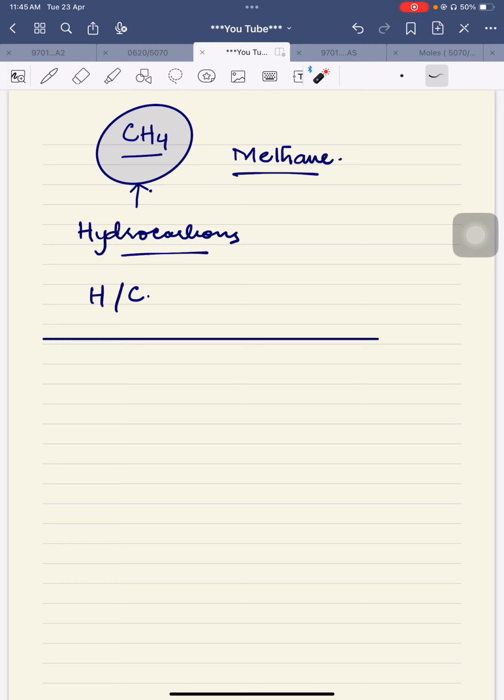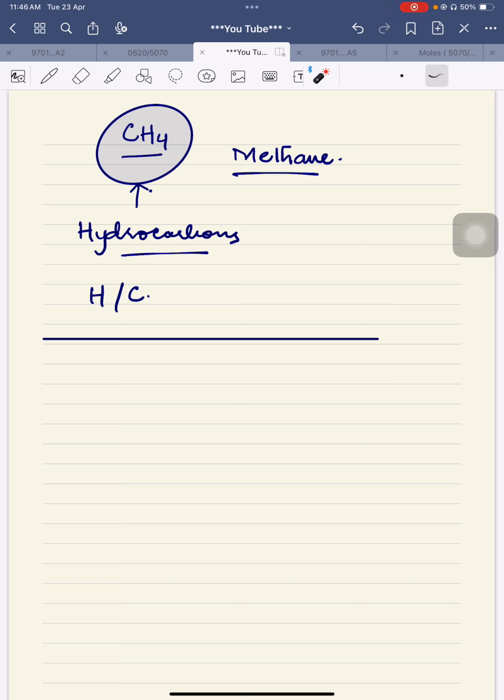Hydrocarbon is a specific class of organic compound made up of hydrogen and carbon only. For example, methane is an organic compound which is a hydrocarbon as well.